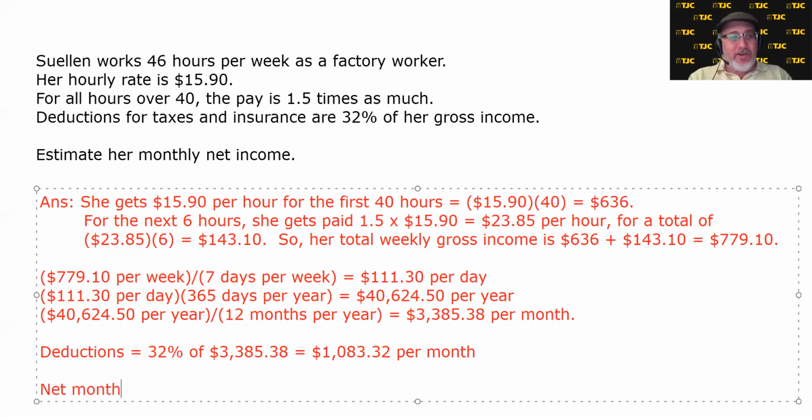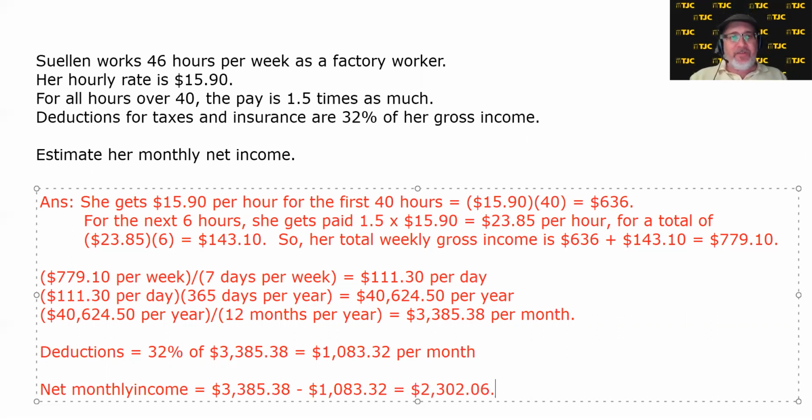That means her net monthly income is her gross monthly income, $3,385.38, minus the deductions, $1,083.32, for a monthly net income of $2,302.06.